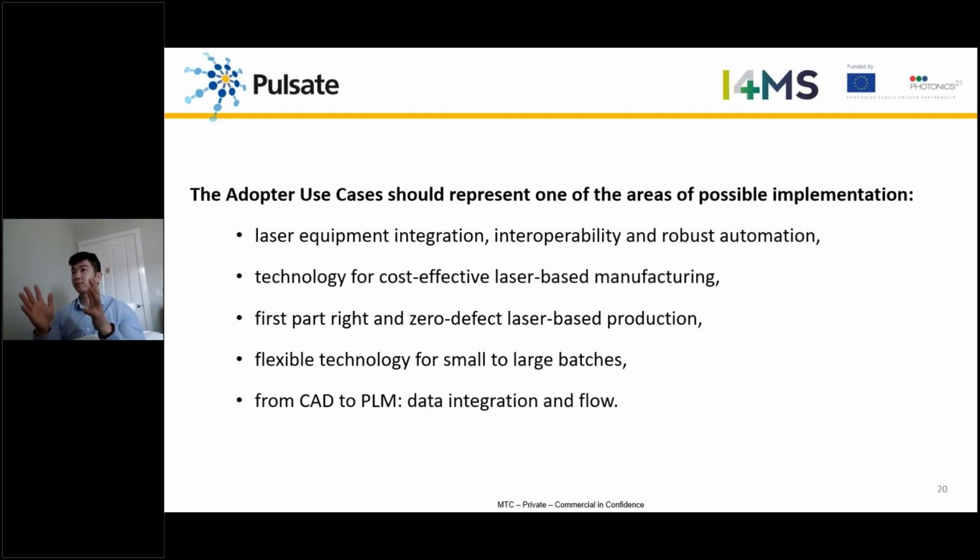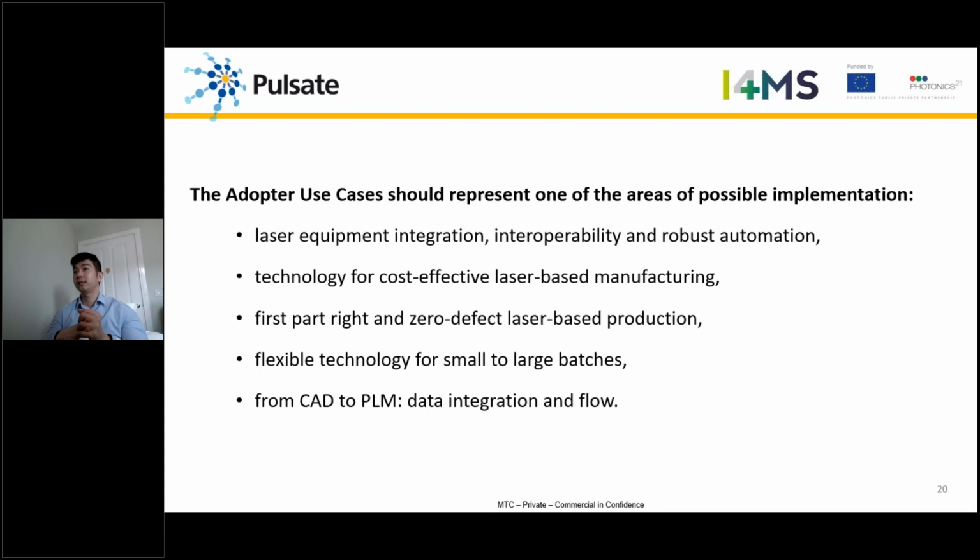For the second one, cost-effective laser-based processing, that is more for if you are doing a manufacturing process with, let's say, conventional machining, CNC, or sandblasting or wire EDM, and you want to look at moving into laser-based processing to replace the same process, that is where your proposal will sit.